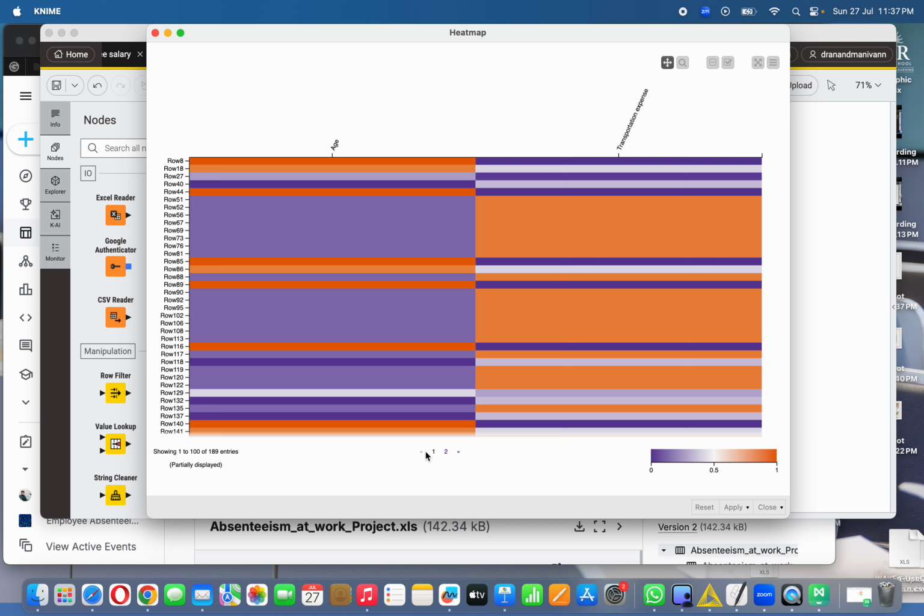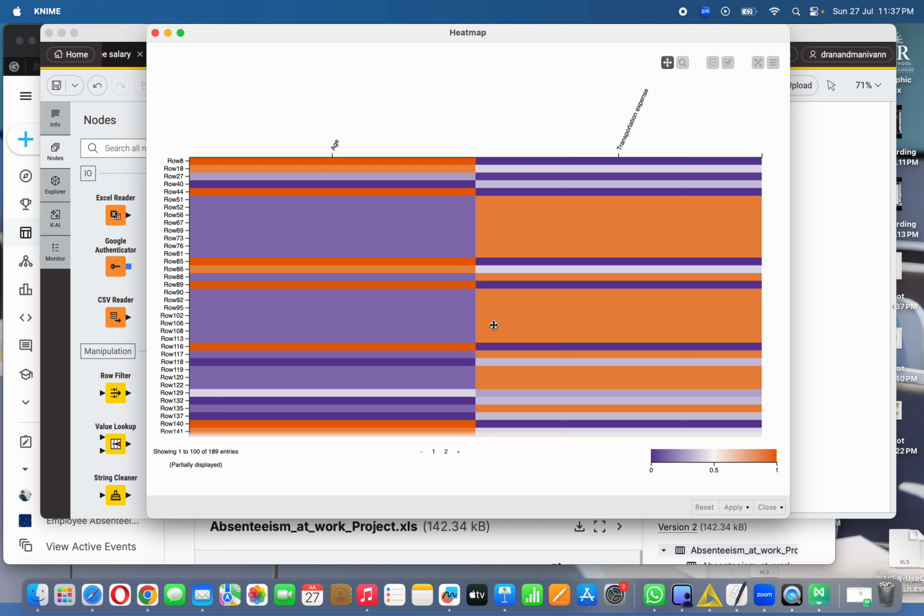So what is the description of this visual? Each row in the matrix represents an individual employee, say for example, row 8, row 18, etc. Each column represents a variable, that is age or the transportation expenses. The color scale ranges between dark purple, that is a value near 0, to orange, where the value is near 1, as indicated by the legend.